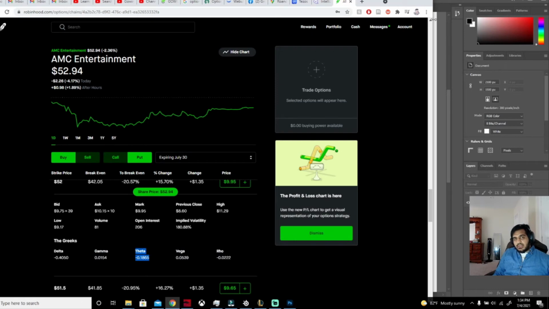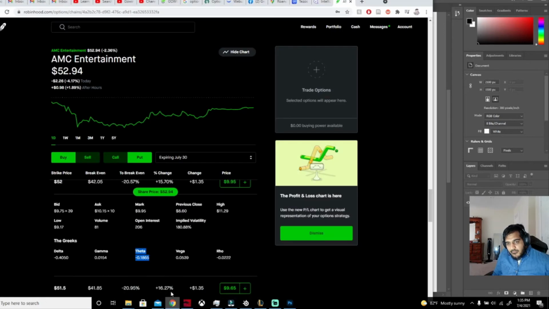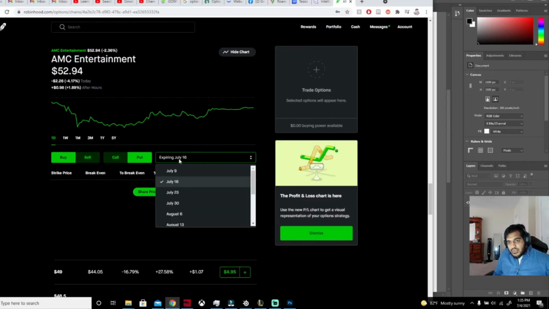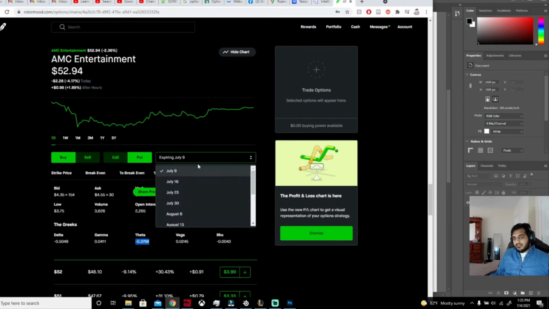Okay, so it's between 0 and minus 1, not 0 and 1, and that's how much it decreases by. So for a contract that ends in, say, July 9th, our theta is 0.37. So we're losing about 37% of our contract day by day.